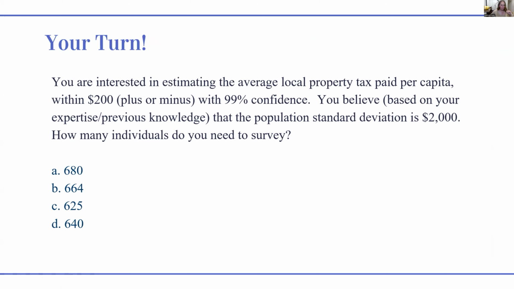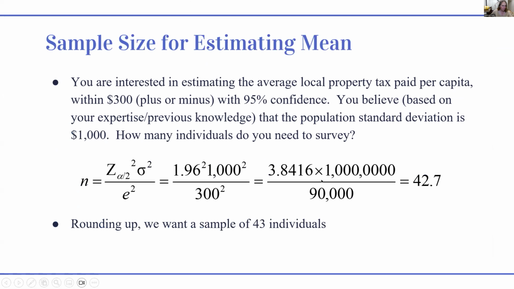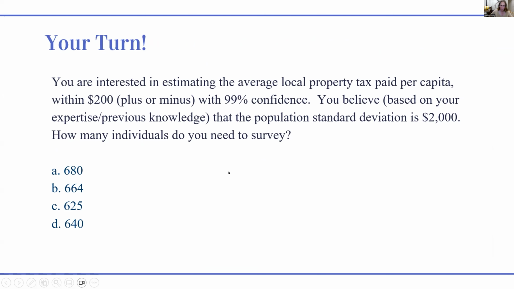So this is the fourth question. You want to estimate the property tax paid per capita within $200 with a 99% confidence interval. So you can pretty much just use this formula. Just find the z-score for 99% here. It's a different standard deviation, 2000 instead of 1000.